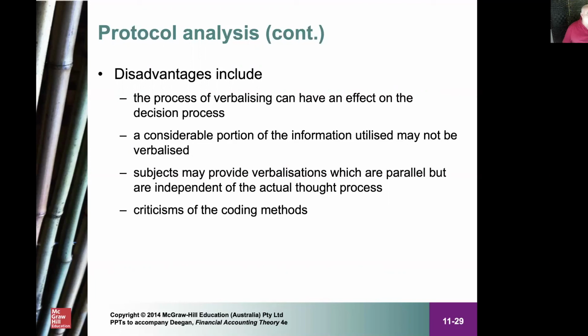A considerable portion of the information utilized may not be verbalized. They might be summarizing when they're talking. Subjects may verbalize, but that may only be working in parallel with the actual thought processes. And sometimes when they're verbalized, you've got to code that information so that you can analyze it, and sometimes it could be coded incorrectly.